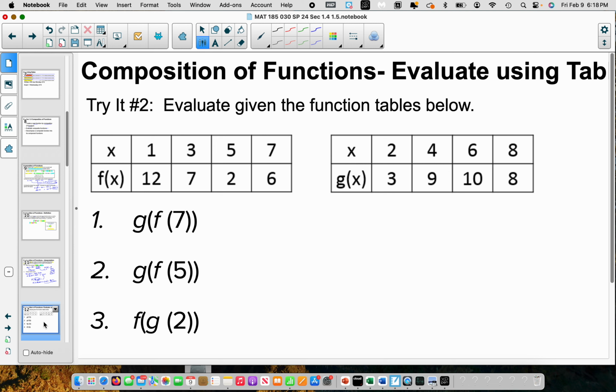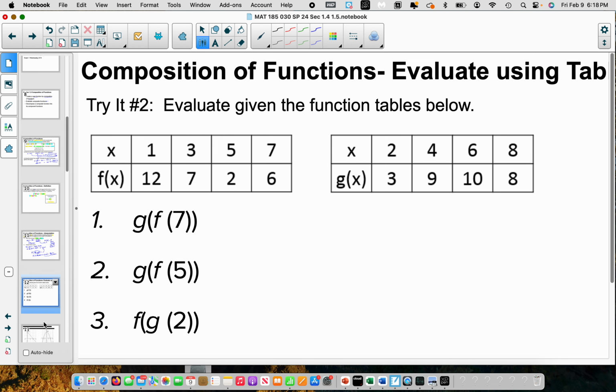All right. So we can also evaluate composition of functions when we look at tables. In this table, my input is x and my output is f of x. Here my input is x and my output is g of x. When we do composition of functions, we always start from the inside out.